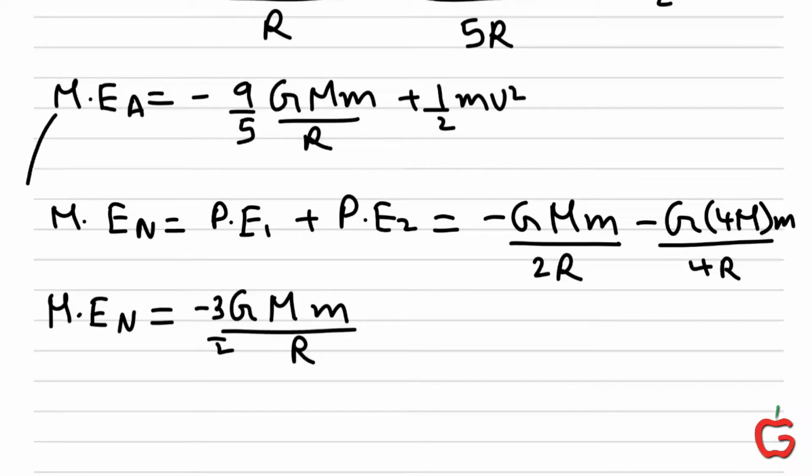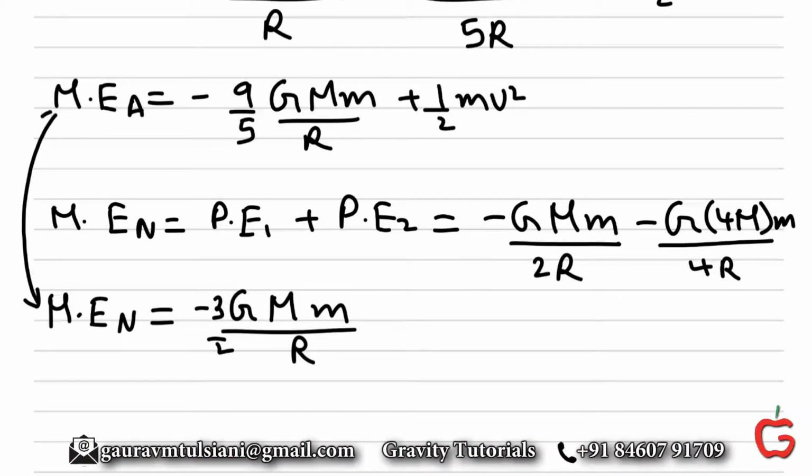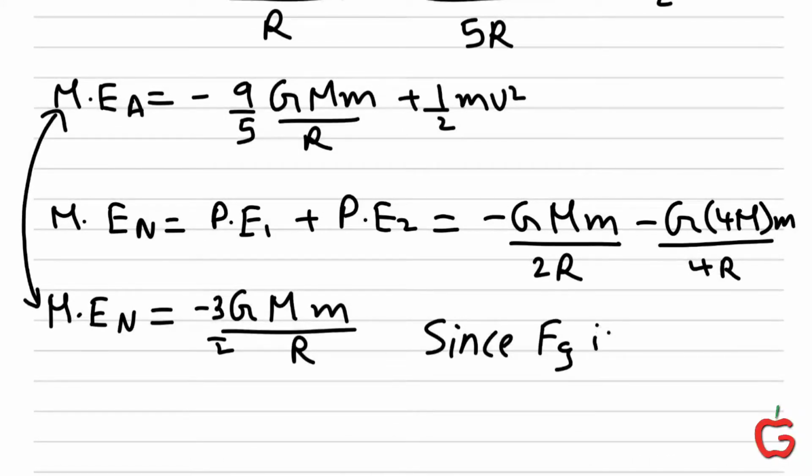Now since gravity is conservative, gravitational force is conservative, the mechanical energy is going to be constant everywhere. So since this motion happens in the gravitational field, gravitational force is conservative. So in case of conservative forces, we can always equate energies at different points.